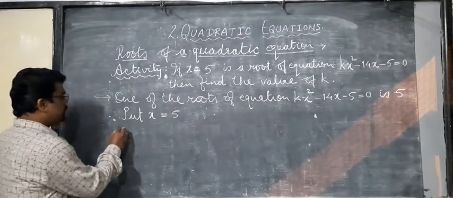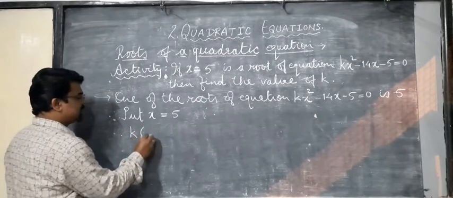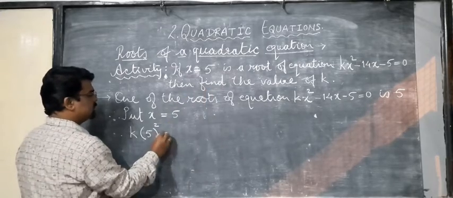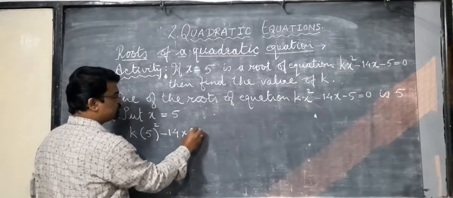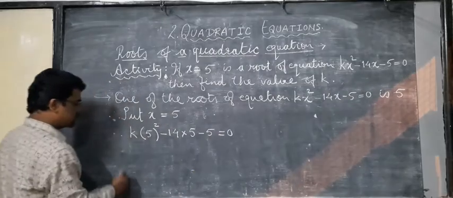So it will be k into x square means k into 5 square, minus 14x means minus 14 into 5, minus 5 is equal to 0.